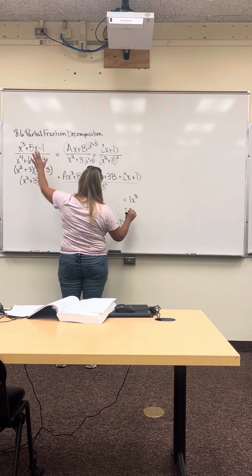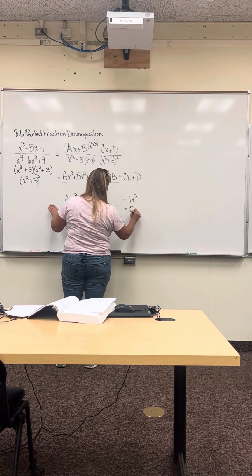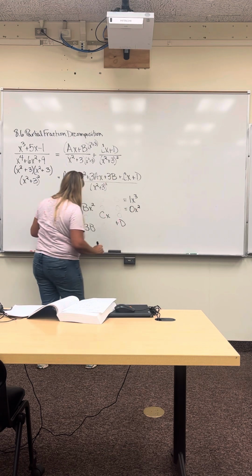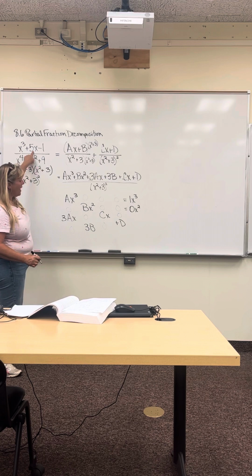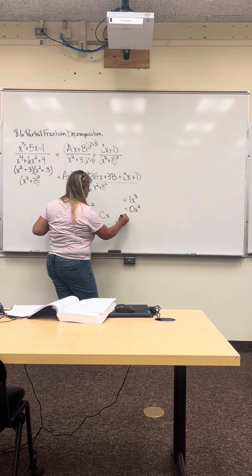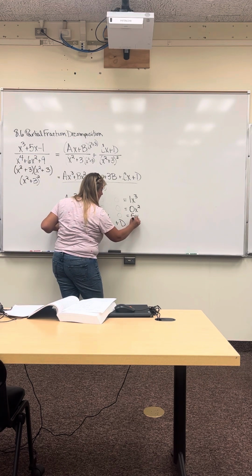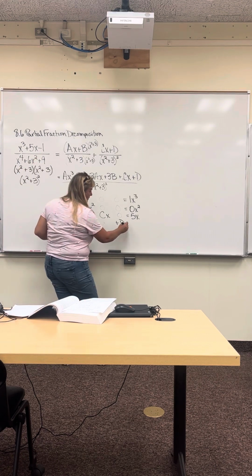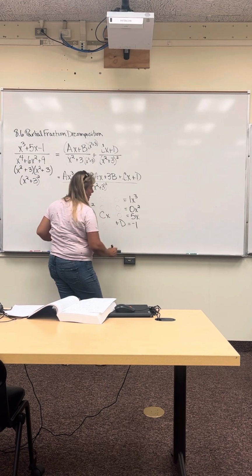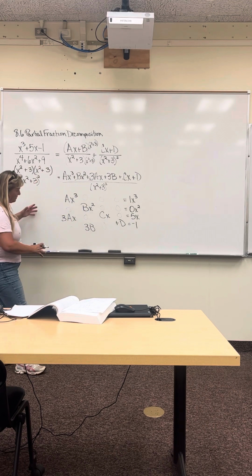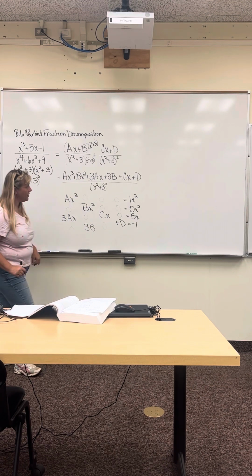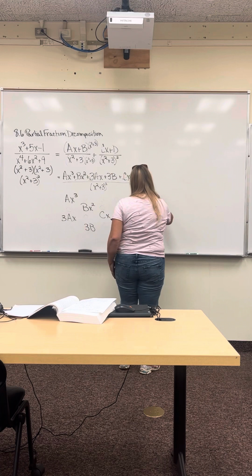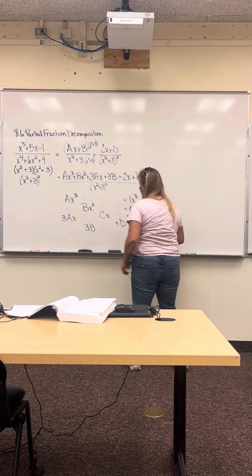There are 0x squareds, so this is going to be 0x squared. There are 5 x's, so we're going to go 5x. And the constant here is -1. Now, because this problem was bigger, I didn't leave myself room down here, so we're going to have to go with our system or our matrix over here.